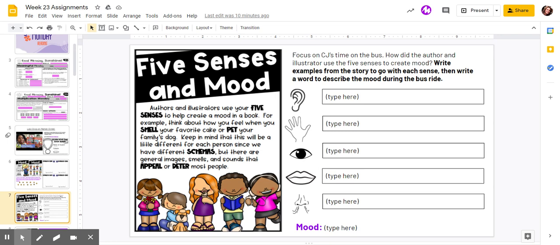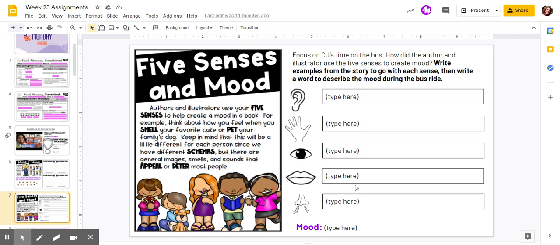They run on diesel. It's a type of gasoline that has a very distinct odor. I don't know about you, but I can almost taste it when I smell it. So think about things like that, where your sense of taste gets so overwhelmed it almost becomes a taste in your mouth. Then you have your sense of smell. What smells do you think that CJ and Nana experienced on the bus?